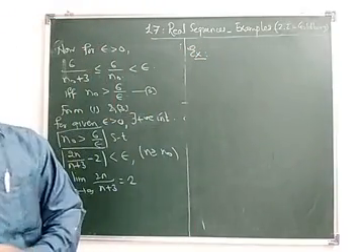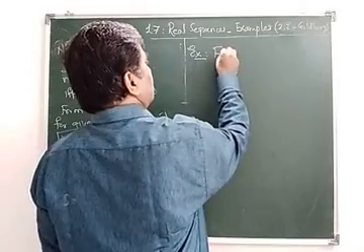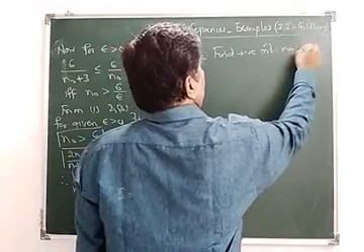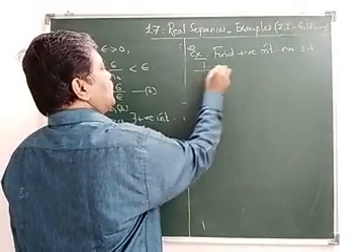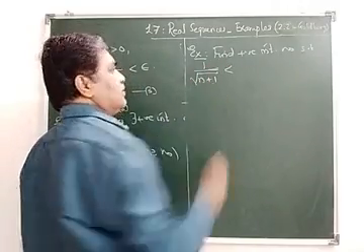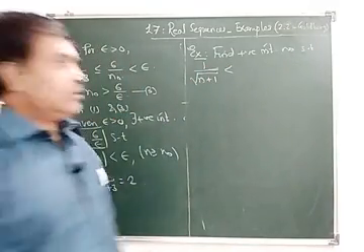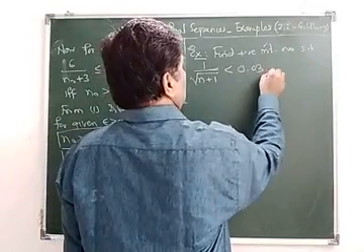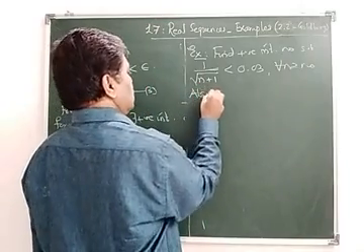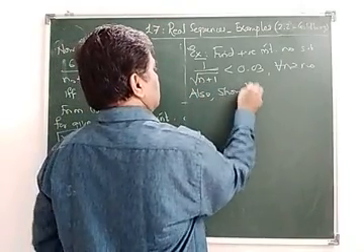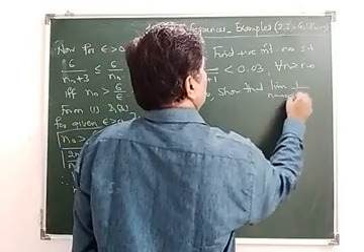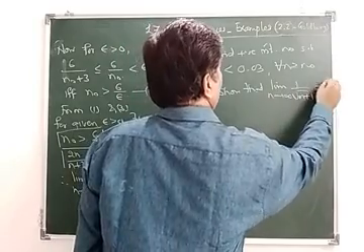Find a positive integer n naught such that 1 upon square root of n plus 1 is less than, say, 0.03 for every n greater or equal to n naught. Also, so that limit of 1 upon square root of n plus 1 is 0.